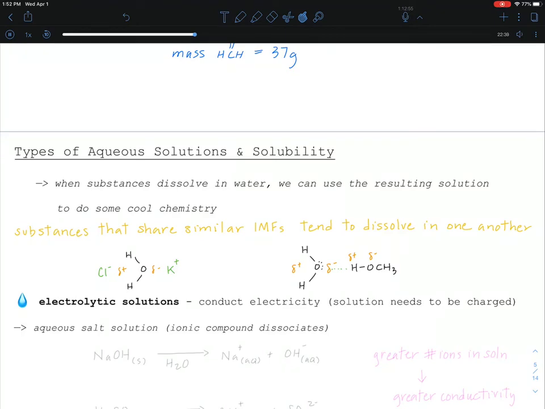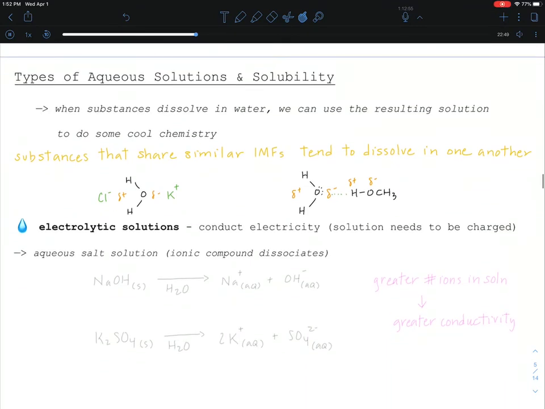The first and easiest way is to simply take a salt, an ionic compound, and if it has the ability to dissociate, so the lattice energy is not too great, in other words it is water soluble, then when that ionic compound dissociates in water, we're going to end up with an aqueous mixture of ions.